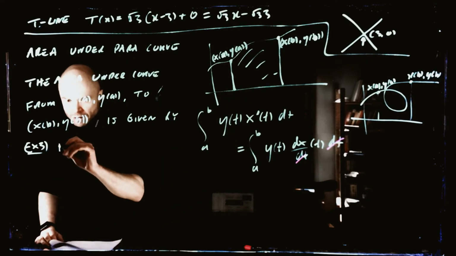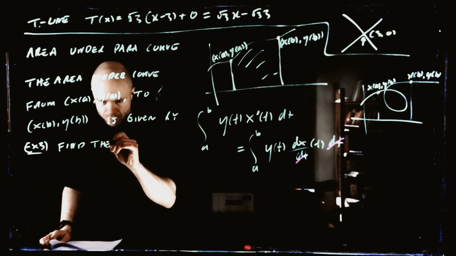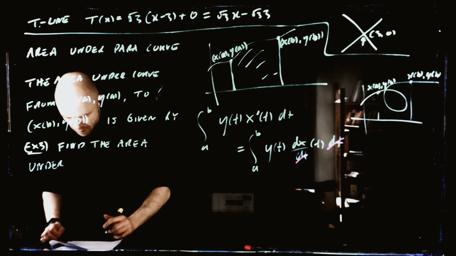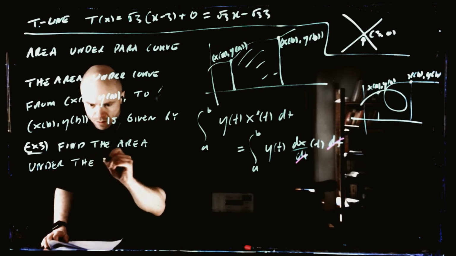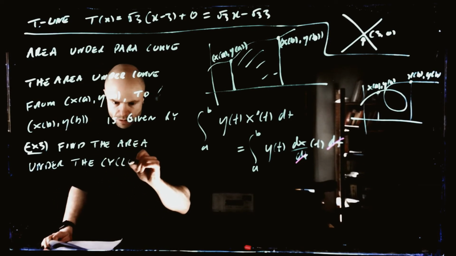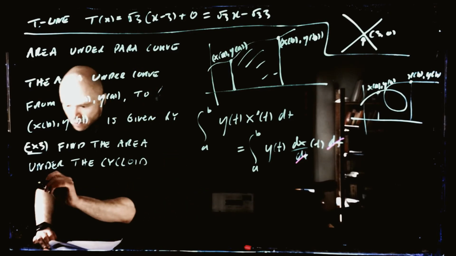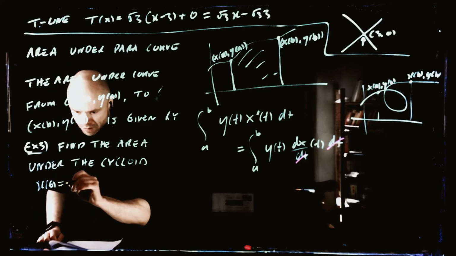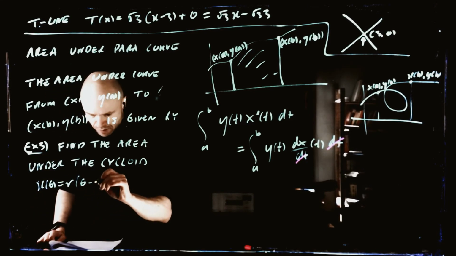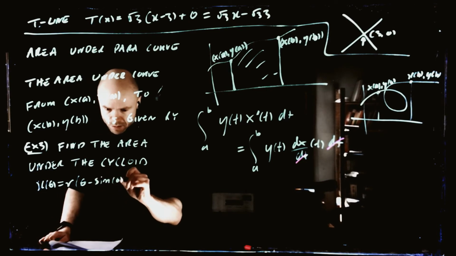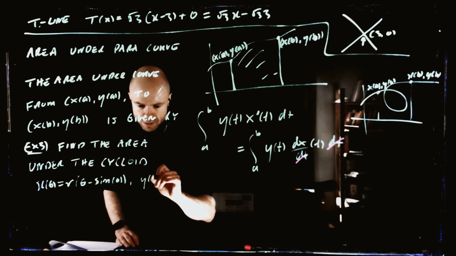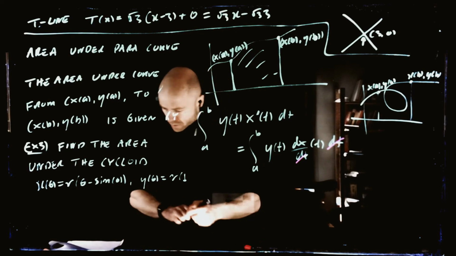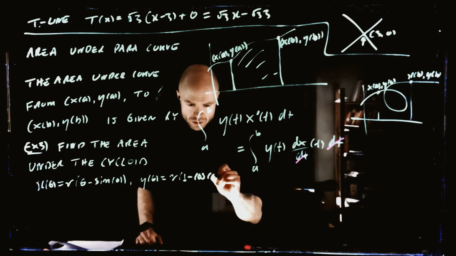All right, so find the area under the cycloid given by x of theta is equal to r times theta minus sine of theta, and y of theta is given by r of 1 minus cosine of theta.